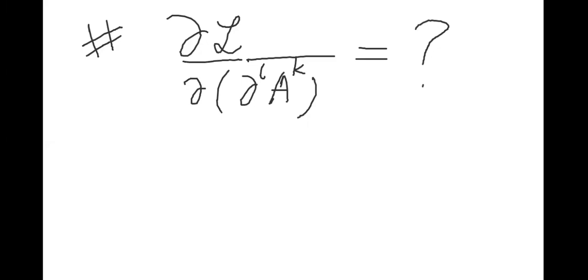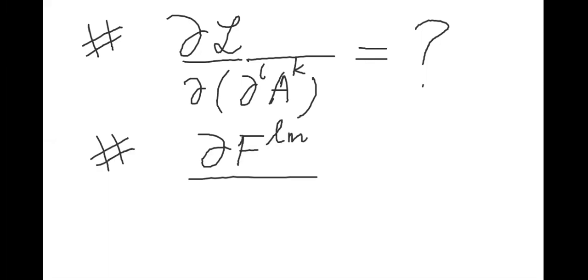Then you can also try to find out F_lm. This del_i A_k could be understood as the generalized velocities, and this you should try to find out.